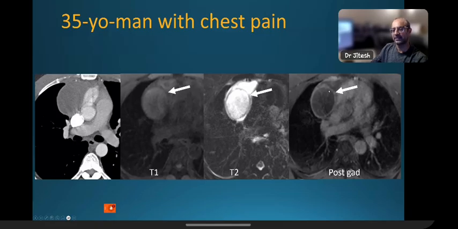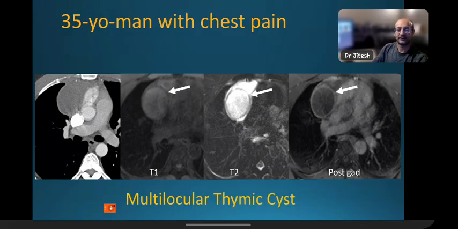On post-gad, we can see this wall is enhancing, and there's a little bit of nodularity here. So this patient was again taken to the OR, and this turned out to be a multilocular thymic cyst. This is a benign condition, but sometimes it's difficult to differentiate definitively based on imaging. So this is a multilocular thymic cyst.